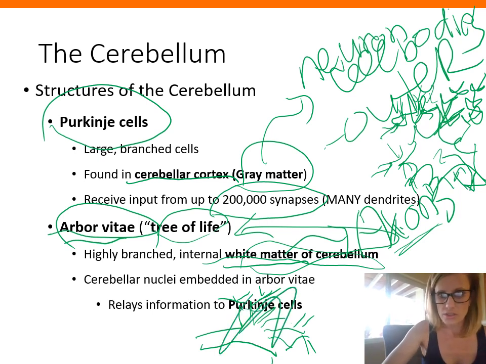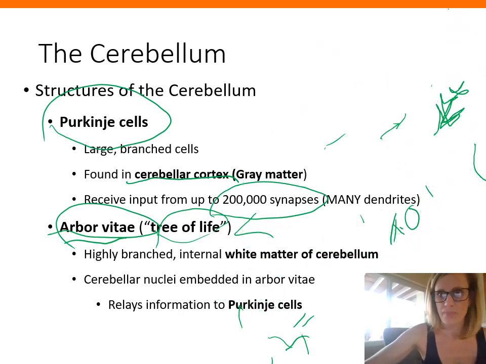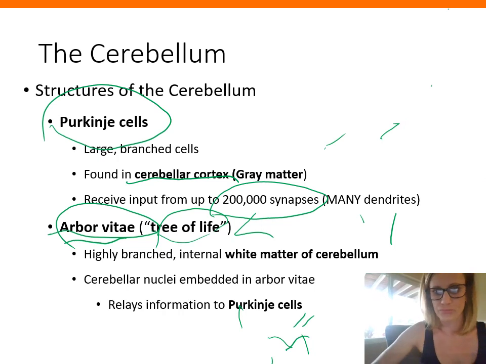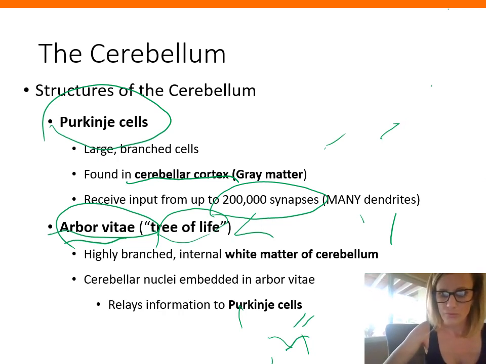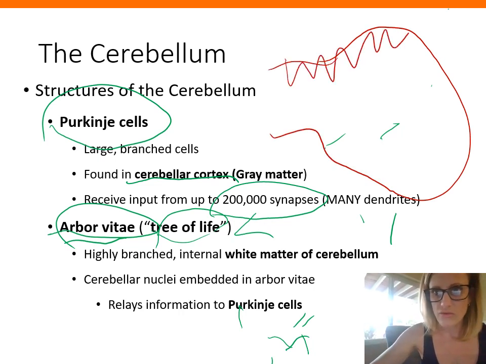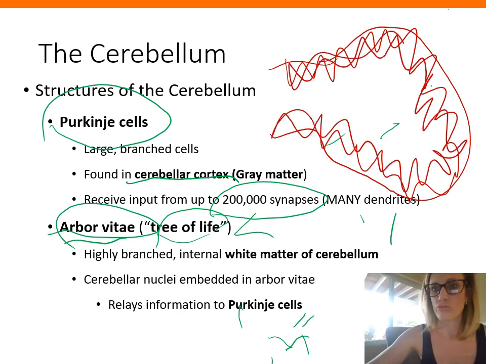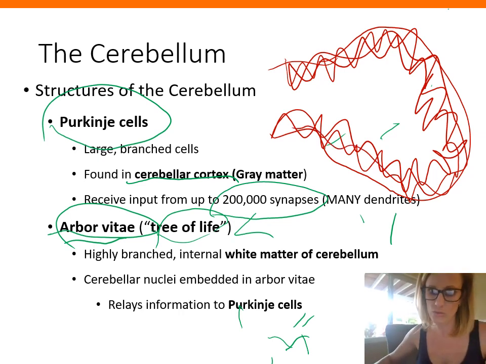So let's just show what this would look like, and then we'll see a picture as well. But if you can imagine that, say this is the cerebellum, and out here we have all of the gray matter, right? This is where all of the Purkinje cells are that get information, process it, and then send signals out.